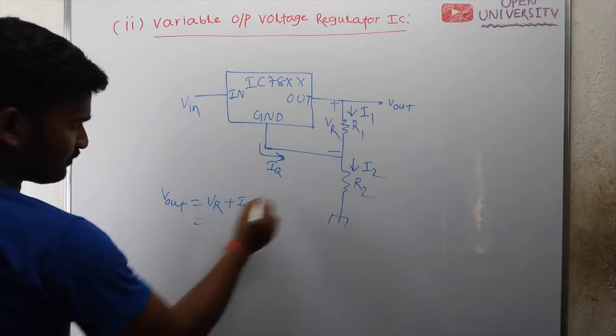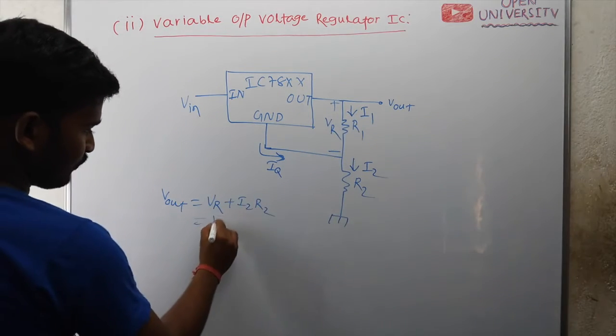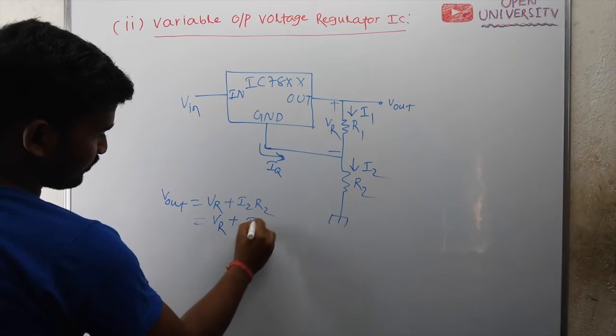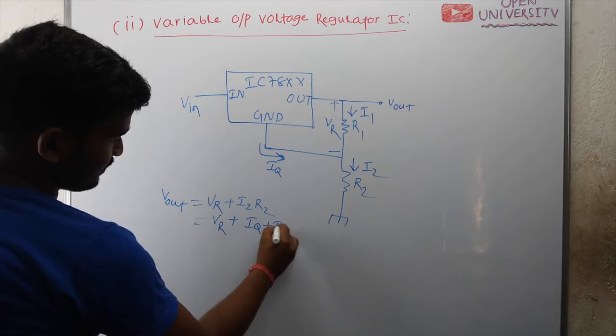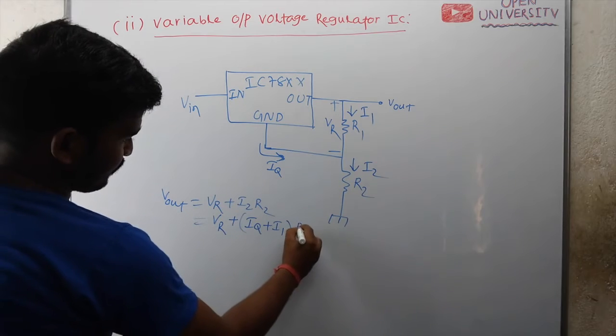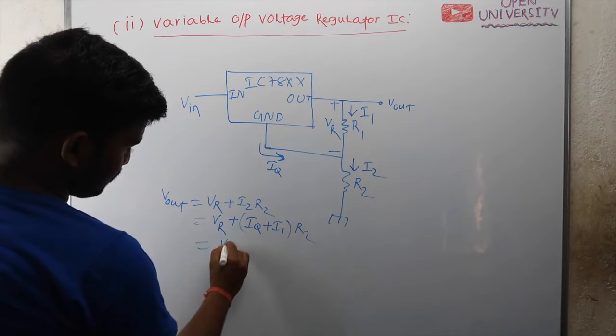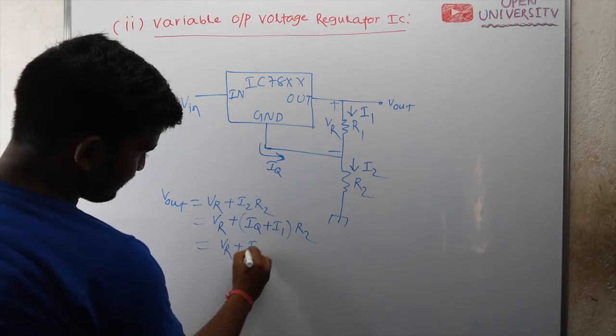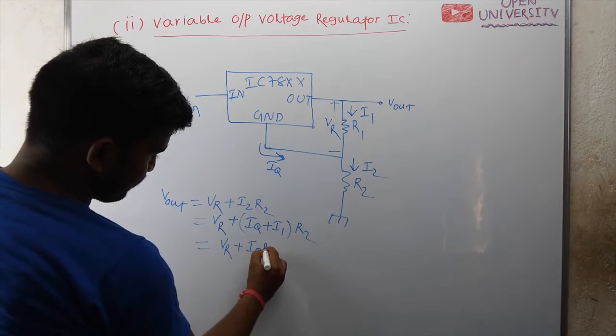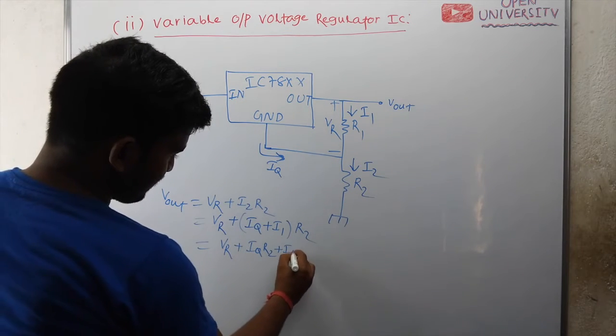What is the I2 value? I2 equal to IQ plus I1, into R2. So you can write VR plus IQ into R2 plus I1 into R2.